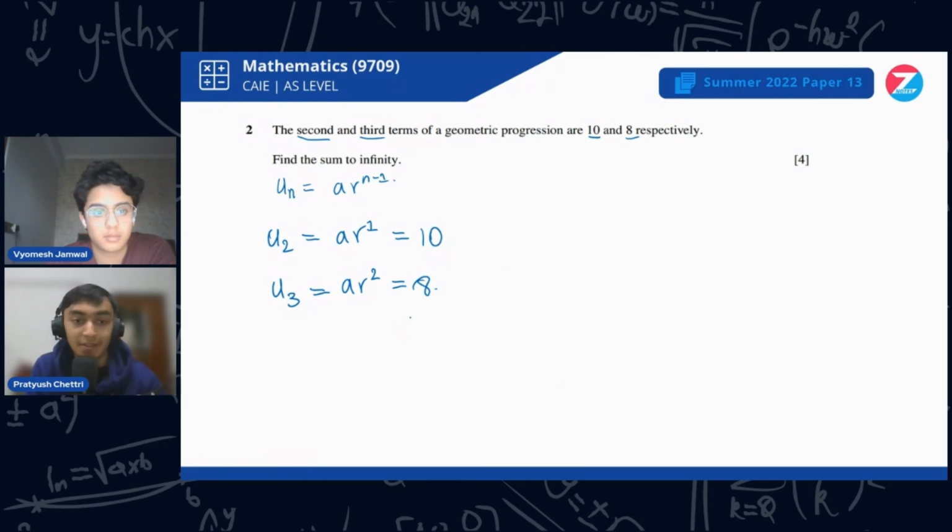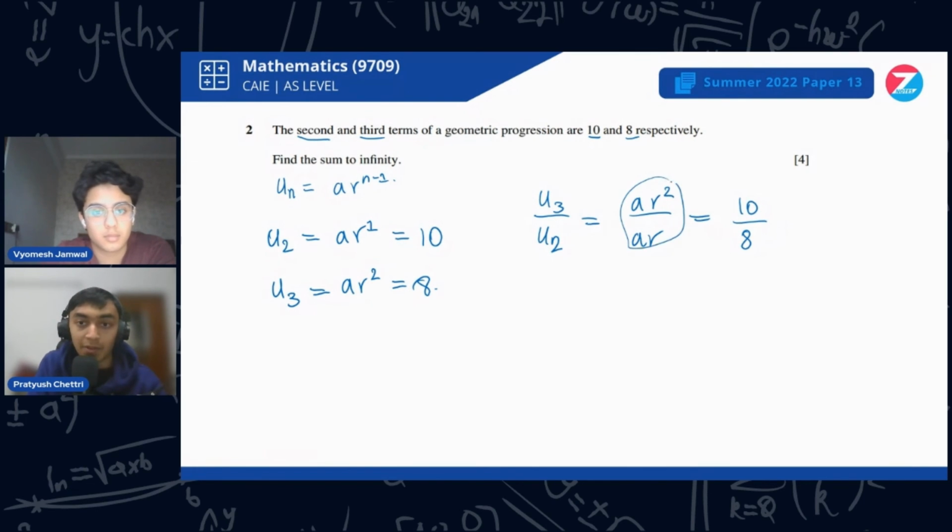So I think you have the idea already. We can get the common ratio by doing this. If we do u3 over u2, this is the same as doing ar squared over ar, which is the same as doing 10 over 8.